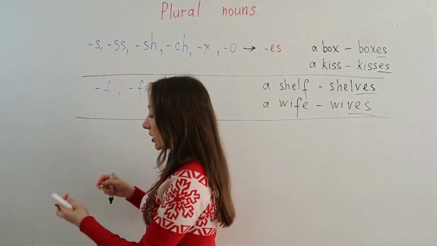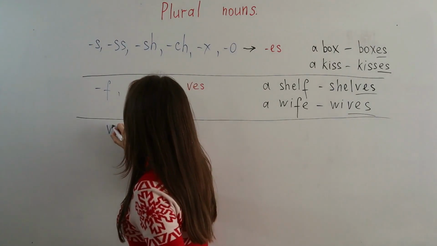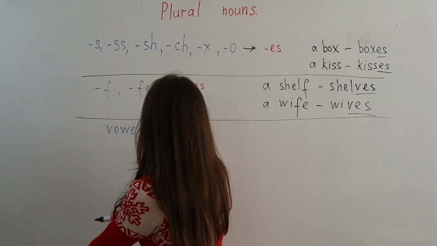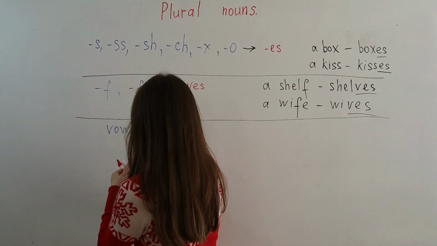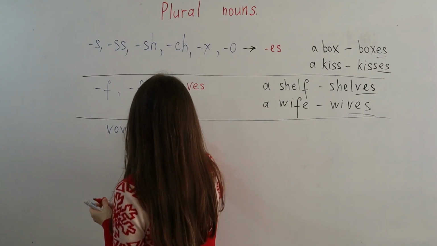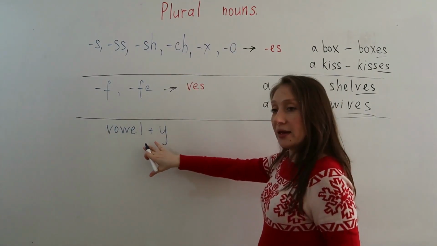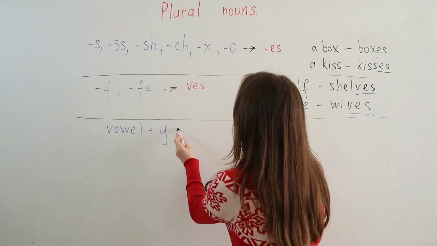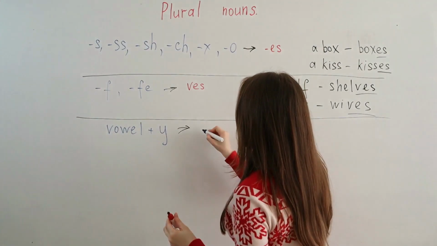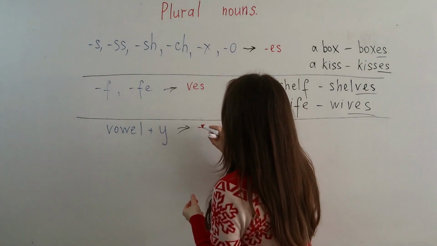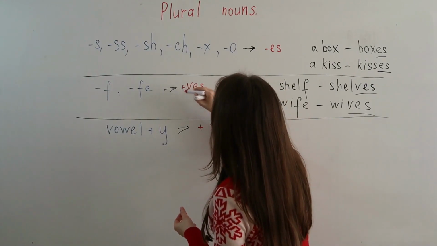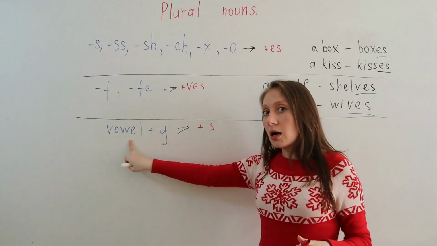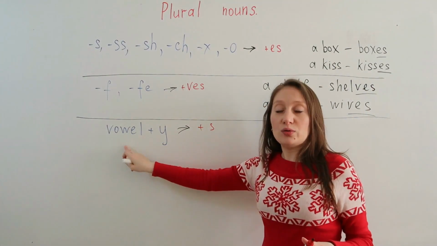The next one will be the following. We have a vowel plus the letter y, right? For example, at the end you have a word finishing with a vowel and y. So the ending will be just s, so plus s. You know what a vowel is, right? A, o, u, e sounds.